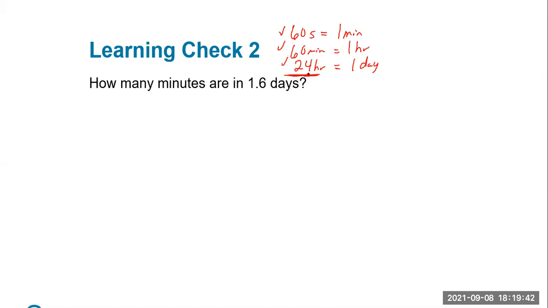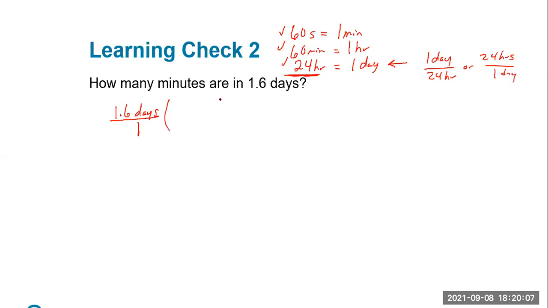So here again, we have 1.6 days. Again, you could think of it as days up on top. We could obviously use this here, for example, and we could write 2 conversion factors. 1 day is 24 hours. Our 24 hours is 1 day.